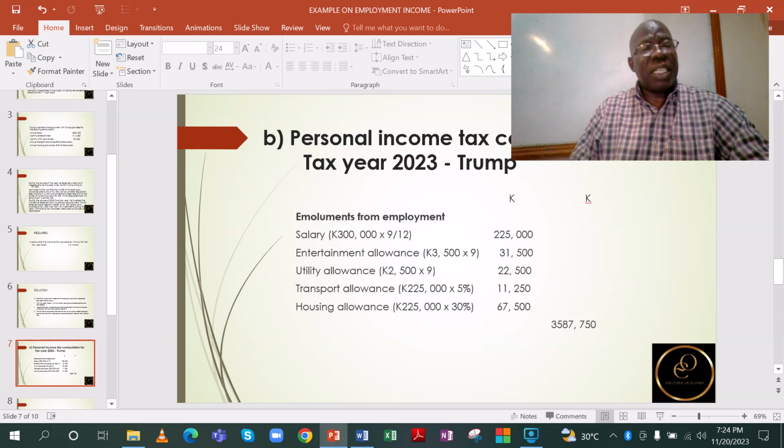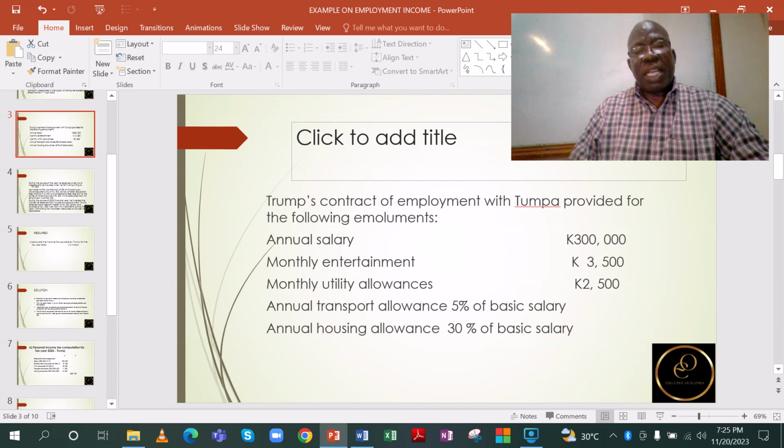Transport allowance, we are told, is calculated by getting 5% of basic salary. Now you are going to calculate 5% of 225,000, not 5% of 300,000.